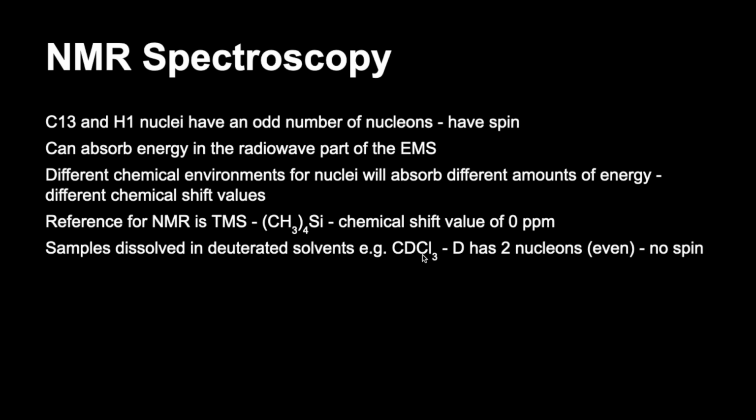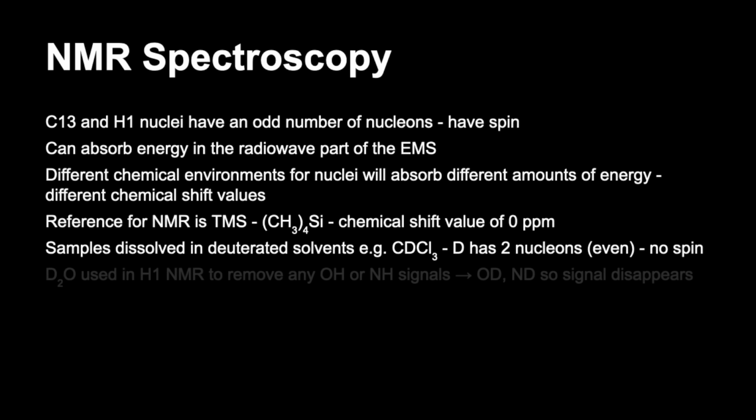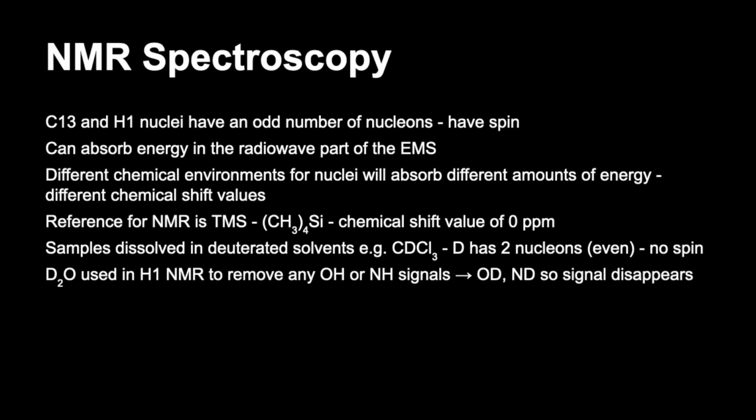So you're not going to get a signal from hydrogen-1 because it doesn't have hydrogen-1, it has deuterium. Another important molecule is D2O. Now, students often get the 2 deuterium substances mixed up. D2O is used in proton NMR, H1 NMR, to remove OH signals and NH signals. Basically, the hydrogen-1s swap for the deuterium and the signals disappear.